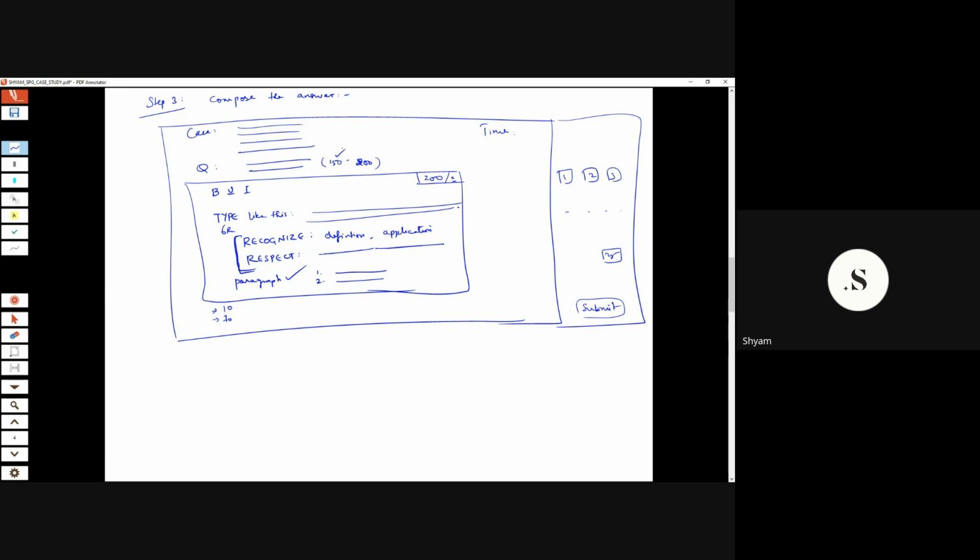It can even be 150 or say 100 to 125, provided you are very clear with your answer and it is concise in nature. If your answer is concise, not more than 5 sentences are required. So keep your answer to the point.